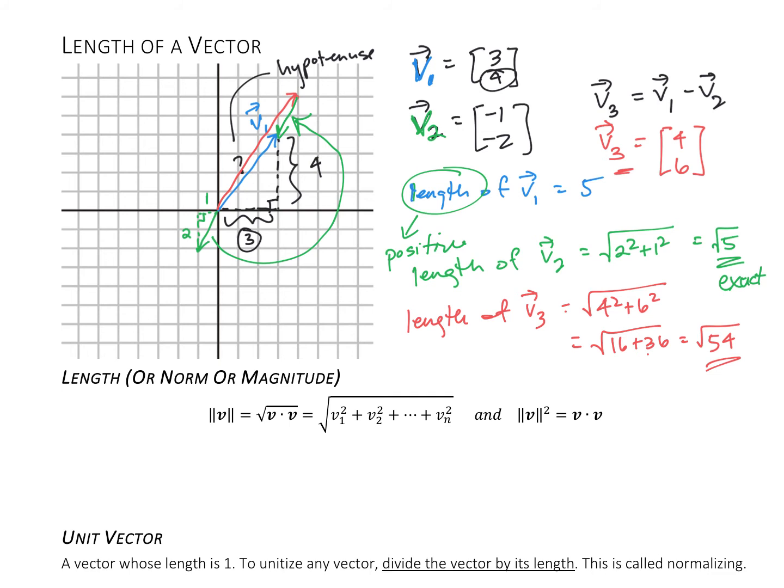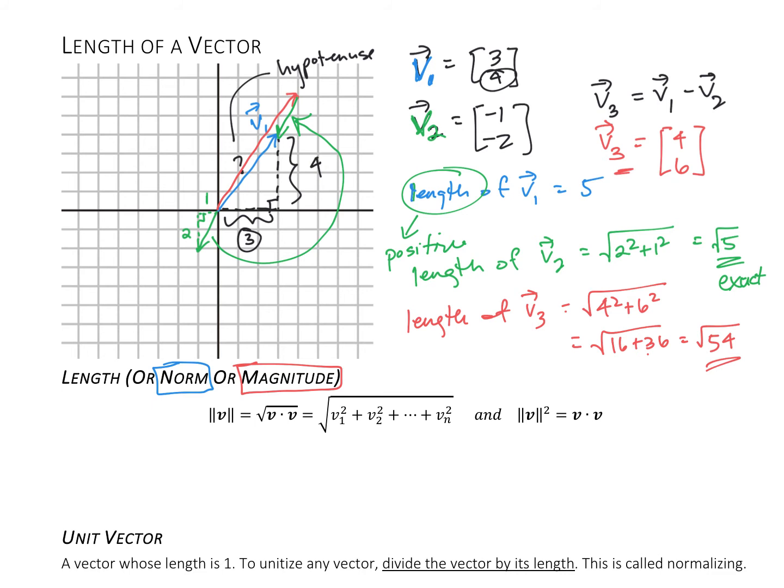Ta-da. Now, we have special names for the length. In linear algebra, it often gets called the norm. And in Calc 3 or in anything involving physics, you'll often hear it as the magnitude. Those mean the exact same thing.